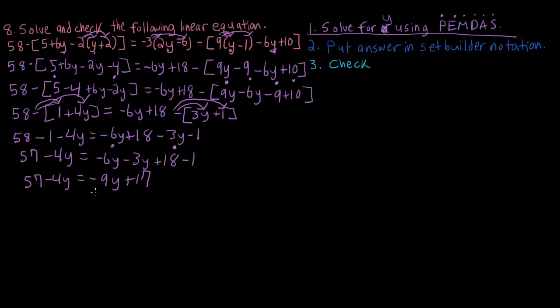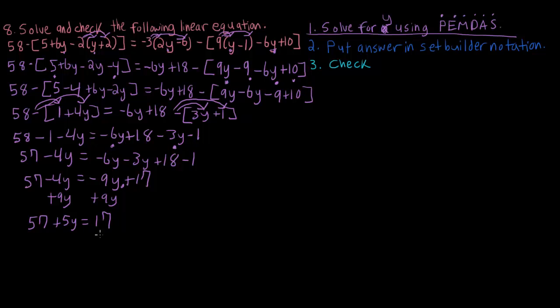And again, we're solving for y, so we want to try to get y by itself. So let's add 9y to the right side, and since we added 9y to the right side, we have to add it as well to the left side. So 57 negative 4y plus positive 9y is just positive 5y equals, we have 17.